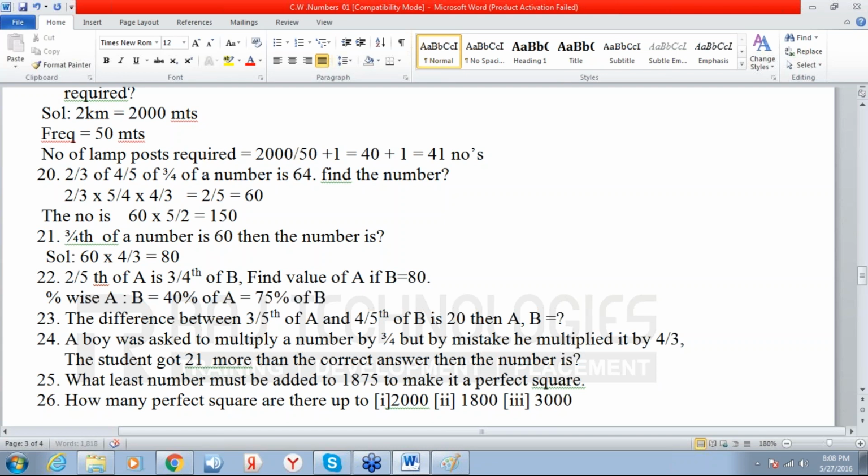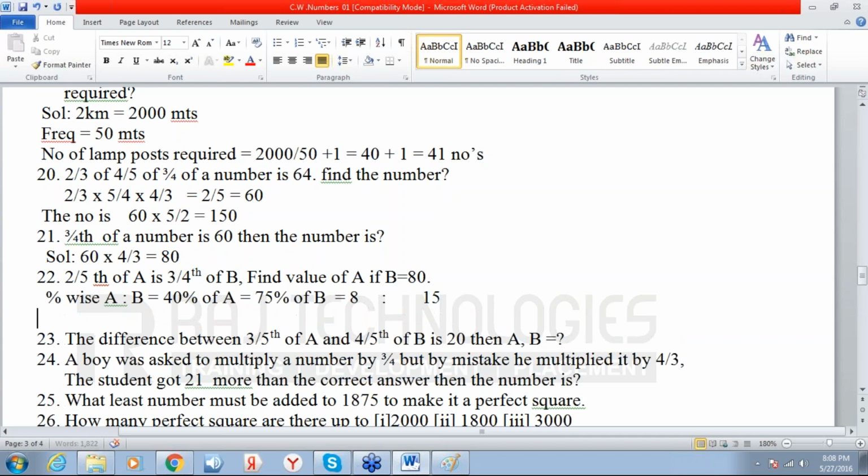So they are in what ratio? 40 to 75. In what ratio? 8 is to 15. Yes, 8 is to 15 ratio.